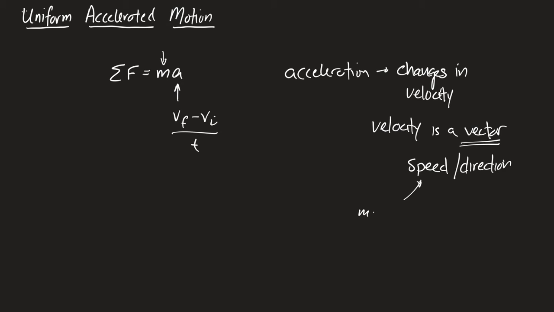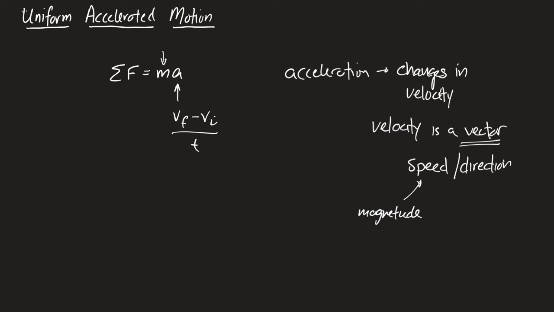The speed part is the magnitude. And we've kind of focused all of our discussion so far on the changing of speed. This is going to be a discussion about what happens when that force doesn't change the speed of the object, when that force changes its direction.